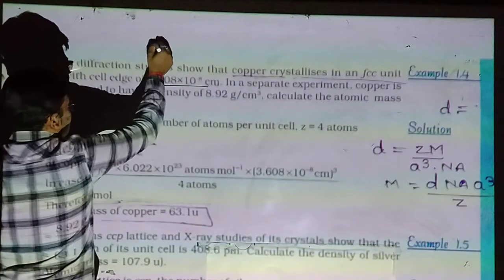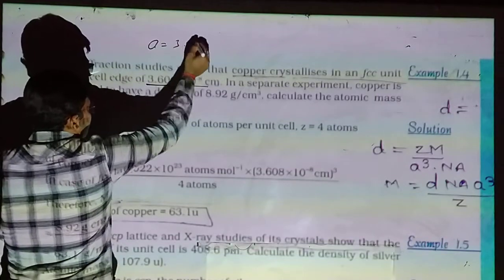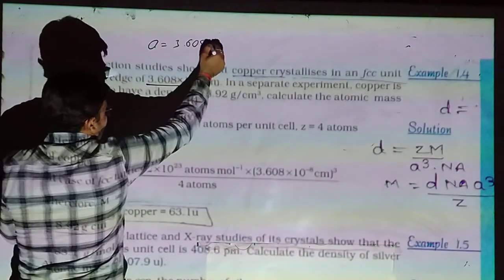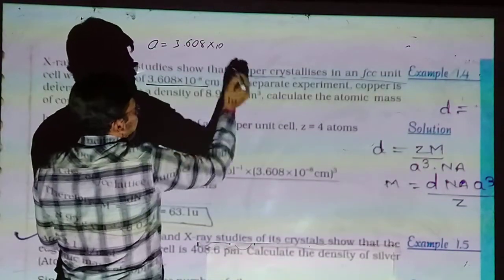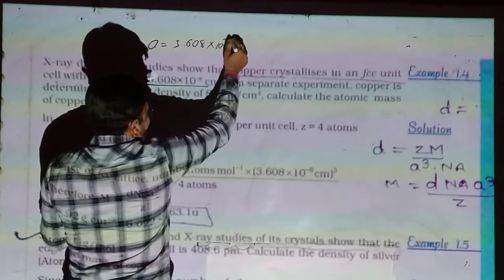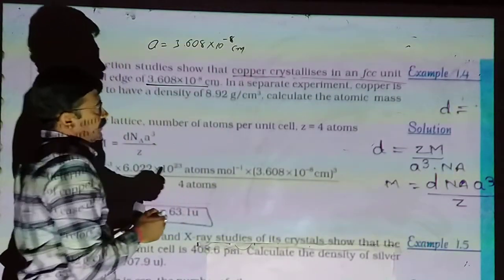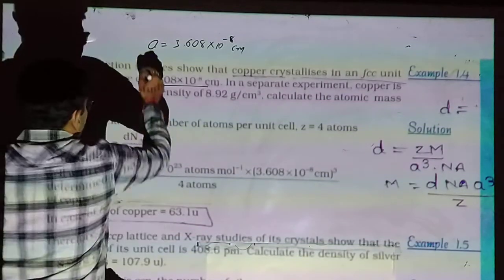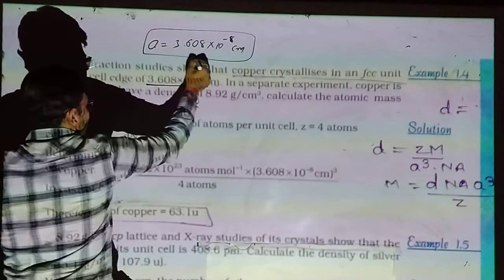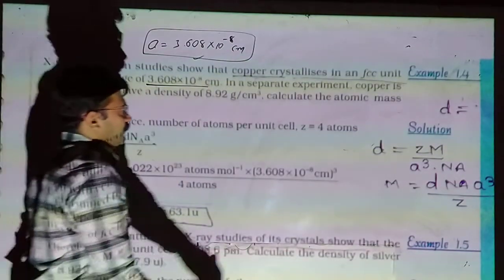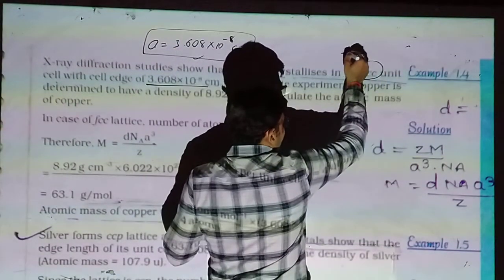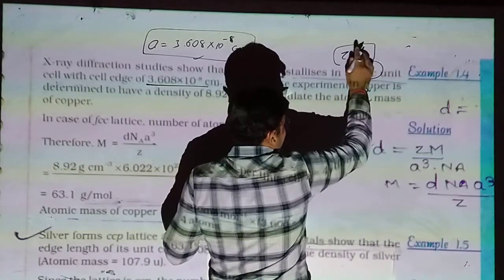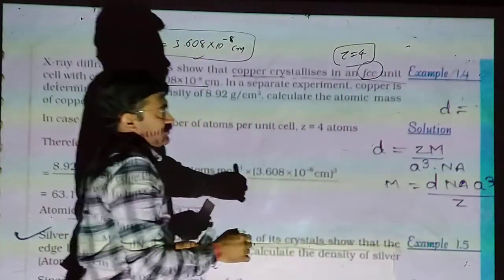First, we collect data from the question so we can solve the example easily. The edge length is given in centimeters, CGS. Our structure is FCC, which means the number of atoms per unit cell is 4.